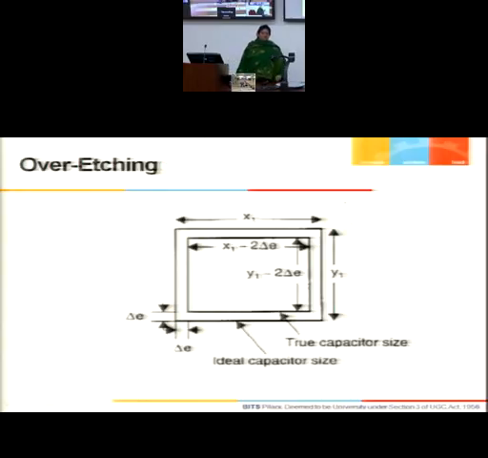Now think of a situation where you have W by L of, say, 2, and I am creating a width of 20 micrometer by a length of 10 micrometer. So you are getting a ratio of 2. But suppose this 20 micrometer changes to 18 micrometer after over-etching.